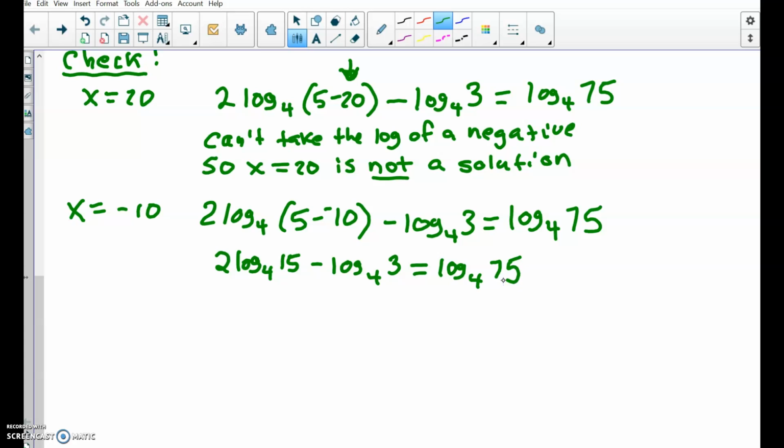Now I can use my logarithm rules to condense the left-hand side and see is it in fact equal to the right-hand side. So I'm going to take this 2 and put it back as an exponent. So I'm going to get log base 4 of 15 squared minus log base 4 of 3 is equal to log base 4 of 75.